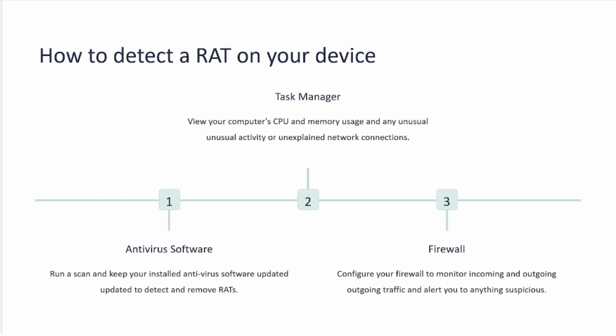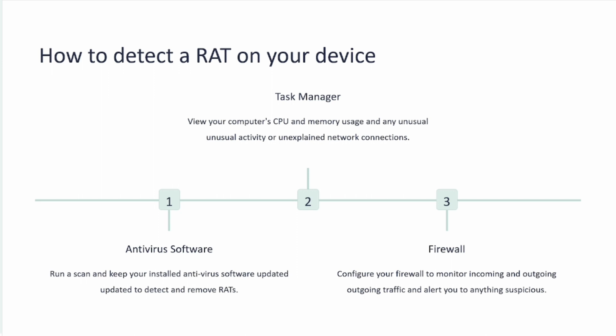Firstly, we can use Task Manager to monitor the CPU utilization and the processes running, and we can easily end unwanted processes and discover something fishy. Another option is antivirus software, which will block RATs from getting installed and executed.